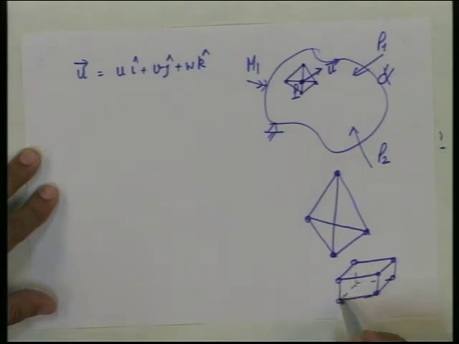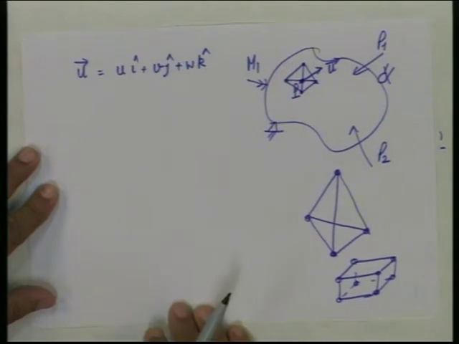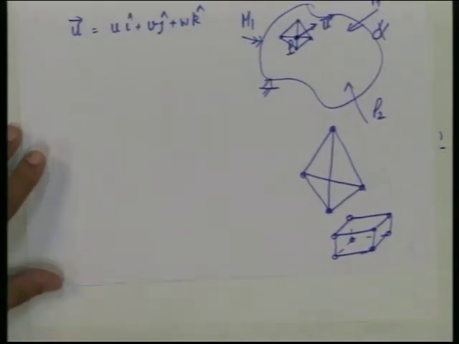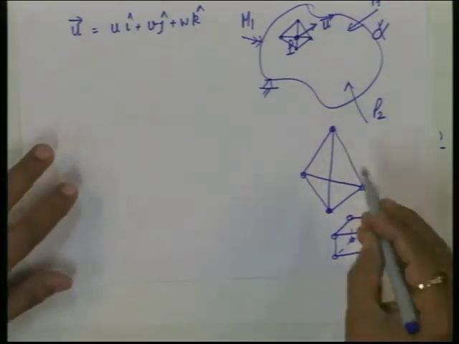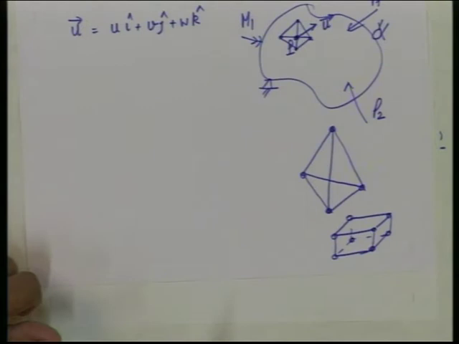Any solid can be filled up with a brick element like this, but a brick element has got 8 nodes, whereas this one will have only 4 nodes, 3 at the base, 1 at the top. So, you join, there are 4 faces. So, these are the types of element. There can be several ways of filling the solid.